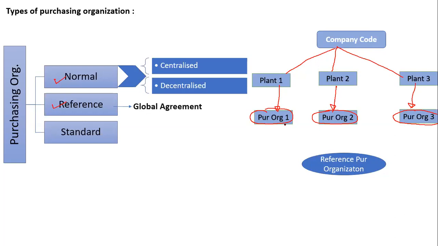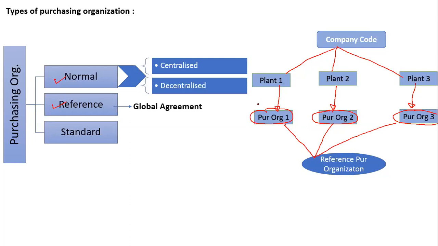So I do not need to create a separate agreement for each purchasing organization. This is the benefit of a reference purchasing organization. Here we simply assign this reference purchasing organization to purchasing organization 1, 2, and 3.